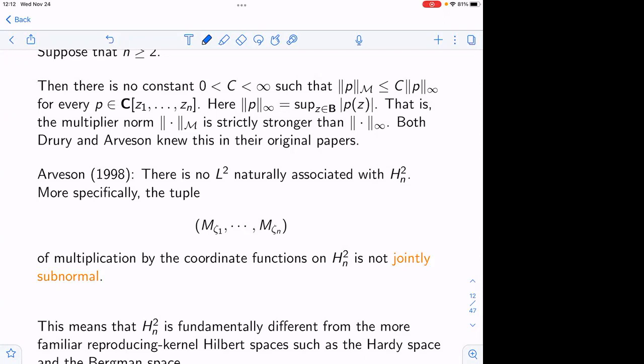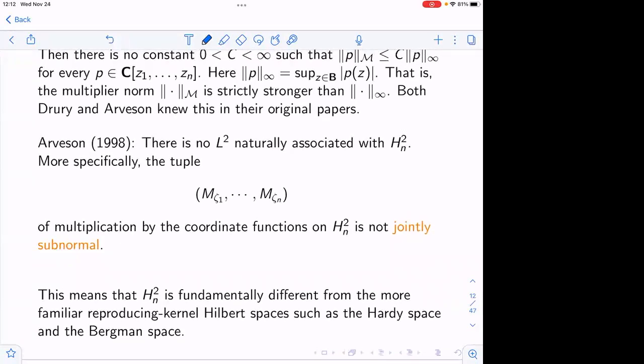The way he showed that is that he produced a polynomial in these operators that turns out not to be hyponormal. The way you show that it's not hyponormal is to show that its norm is greater than its spectral radius. So that particular polynomial of these operators is not hyponormal, and the tuple itself cannot be jointly subnormal.